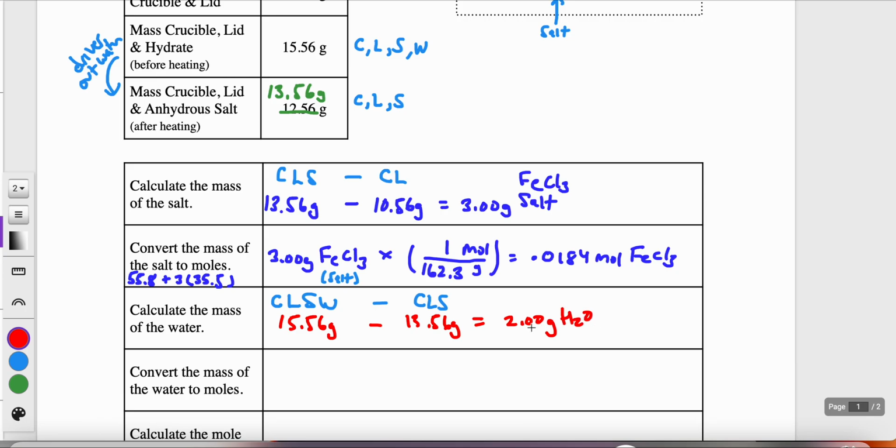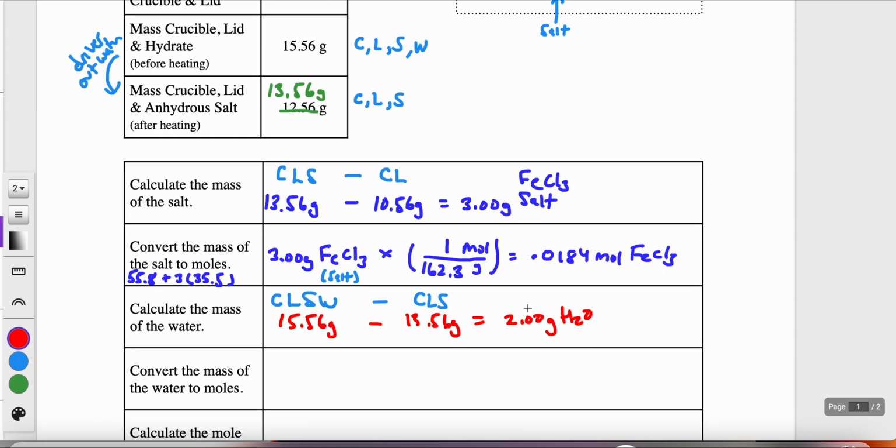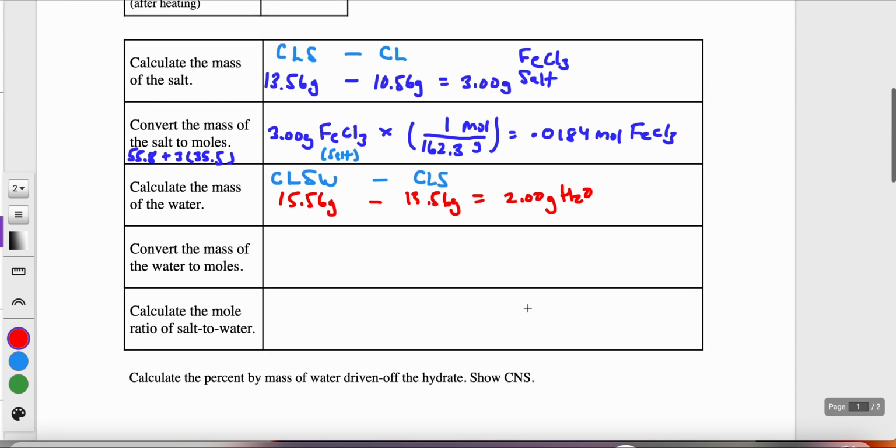And the reason I put those two zeros there is because these masses all go out to the hundredth, so when you add or subtract, you have to maintain the place to the right. So there needs to be those digits in the hundredth spot, even though they're zeros. This is my most right sig fig.